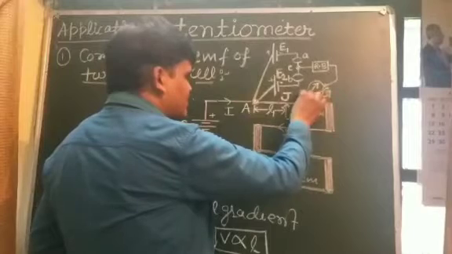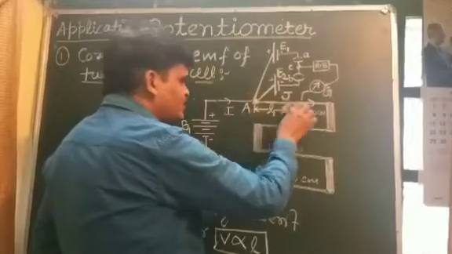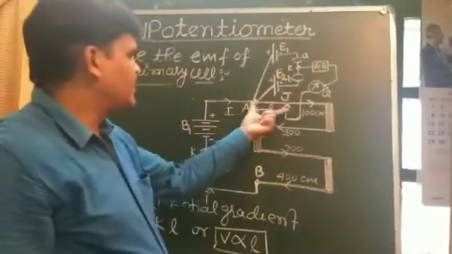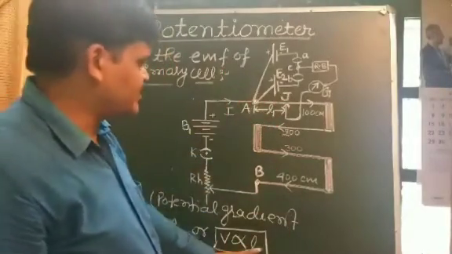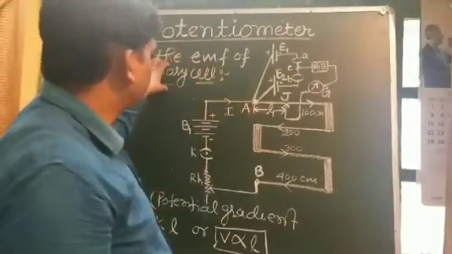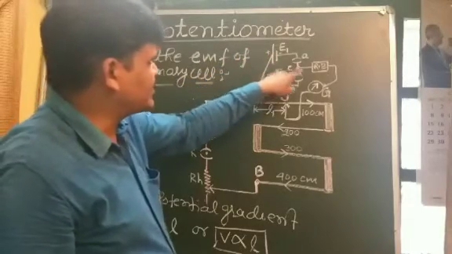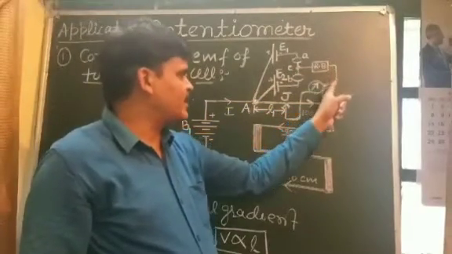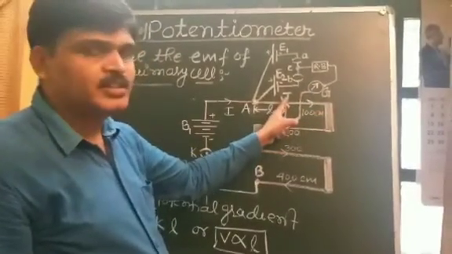Another end of the galvanometer is connected to the jockey J, which slides on the potentiometer wire, and we have to find the potential difference between points A and J. So the circuit is completed.